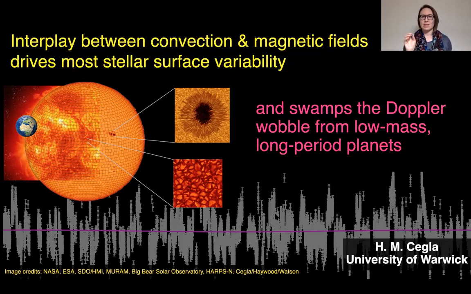This is the variability from our sun overplotted with an Earth analog. The variability from the star itself is completely swamping that Earth twin. And even if you're not looking for exactly an Earth twin, you just want a temperate, rocky planet around a sun-like star, you're still going to really need to understand the star if you want to pull that out.